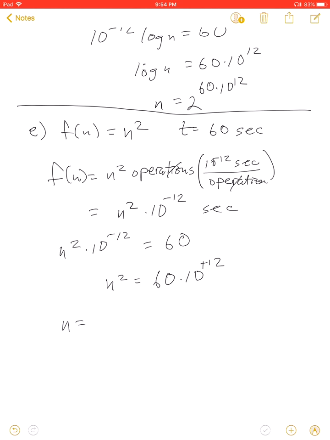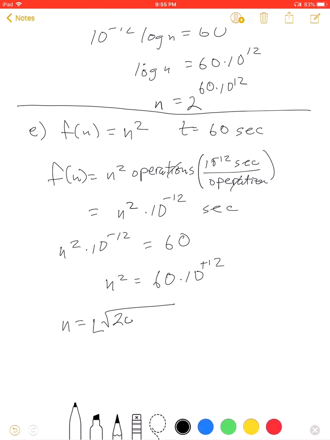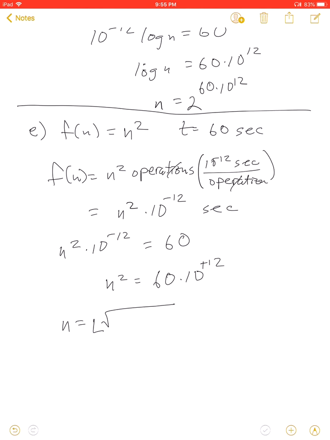So we'll say that n is equal to the floor function of the square root of 60 times 10 to the 12. And that equals 7,745,966.